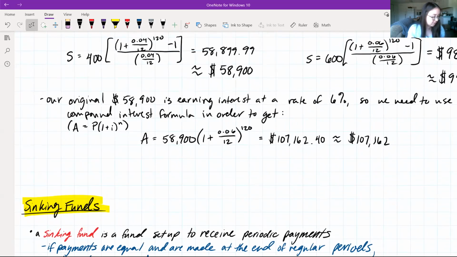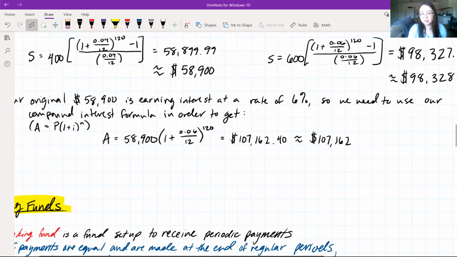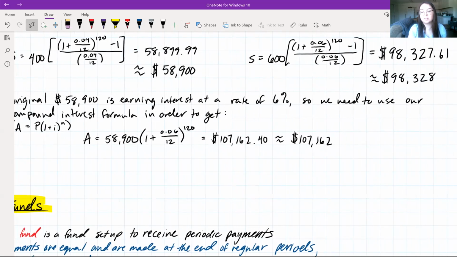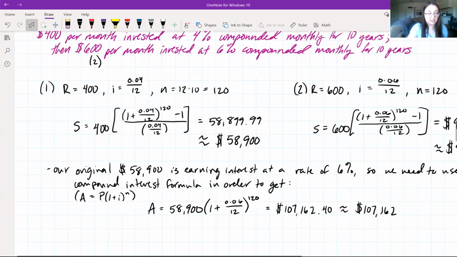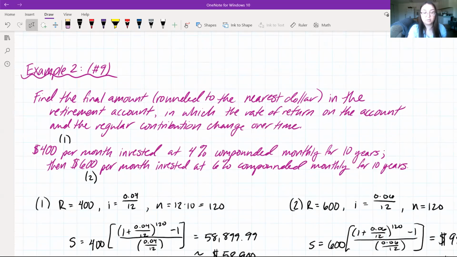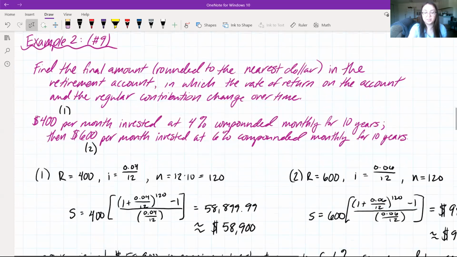All right, so we've essentially caught up our very first period of time with our second period of time with the amount of interest it should have been earning. So we know that now after 20 years, so after both periods of time here, we have $107,162 as well as $98,328. And our question wants us to find the final amount in the retirement account.